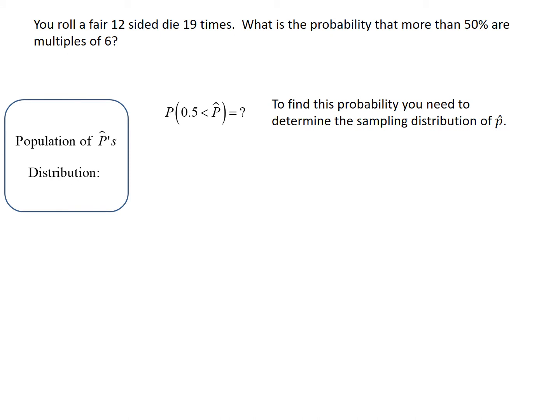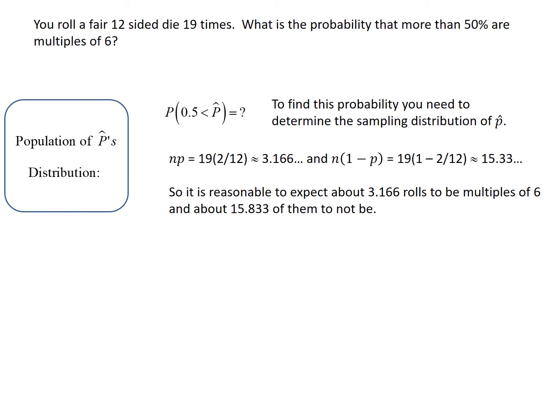In order to find this, we have to know the distribution of p hat. We know to check, since the sample hasn't been taken, is n times p hat going to be greater than 5? In this case, the sample size is 19, and the probability of getting a multiple of 6 is 2/12.